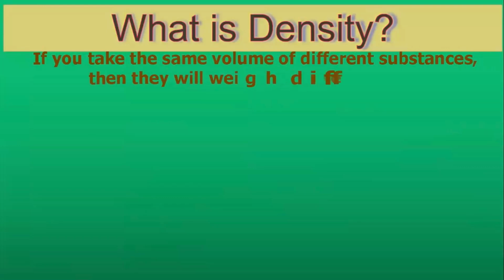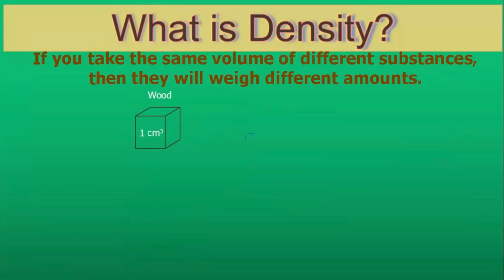If you take the same volume of different substances, then they will weigh different amounts. For example, wood of 1 cubic centimeter, water of 1 cubic centimeter, and iron of 1 cubic centimeter. Definitely, when you weigh them, they weigh differently.